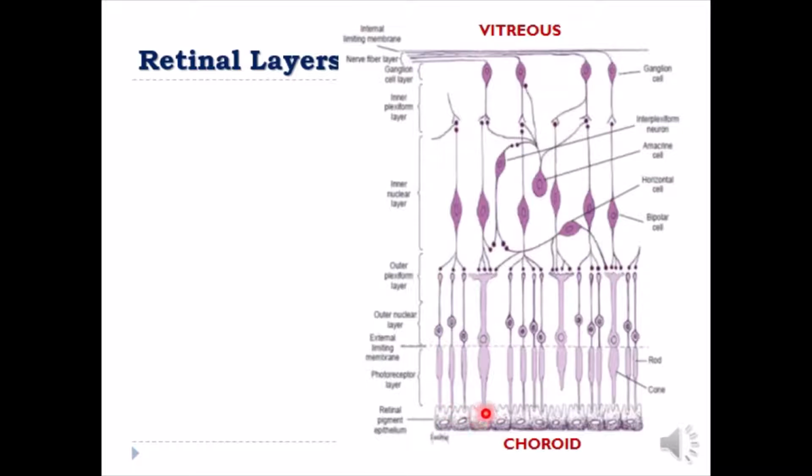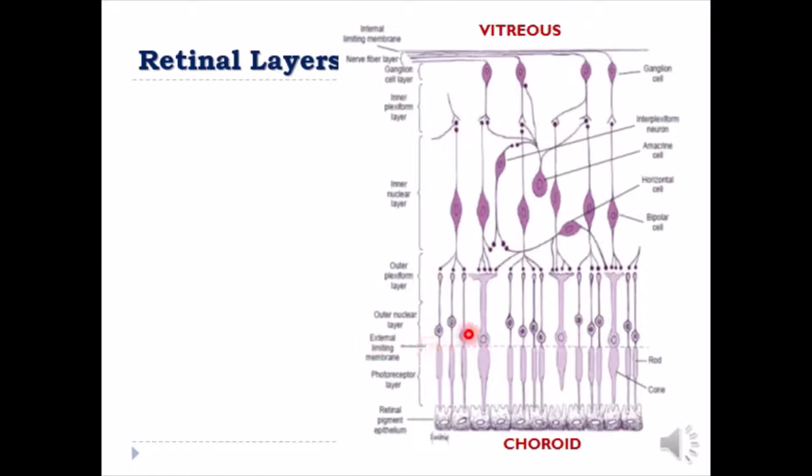The photoreceptor cells are connected to the retinal pigment epithelium, and that is a basic function of the retinal pigment epithelium, which we will learn in the next slide. So retinal pigment epithelium, then your second layer is the photoreceptor cell. In fact, the whole thing is photoreceptors. So the photoreceptor layer, and the next layer is the external limiting membrane.